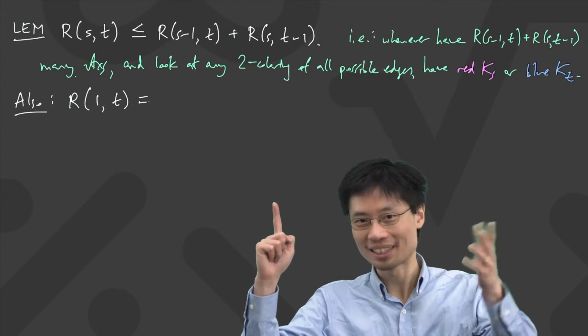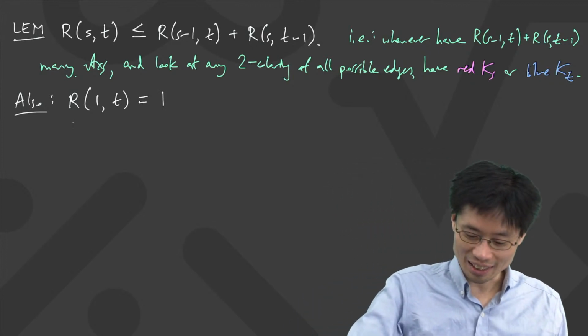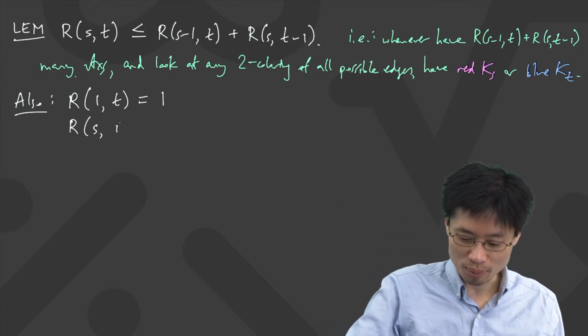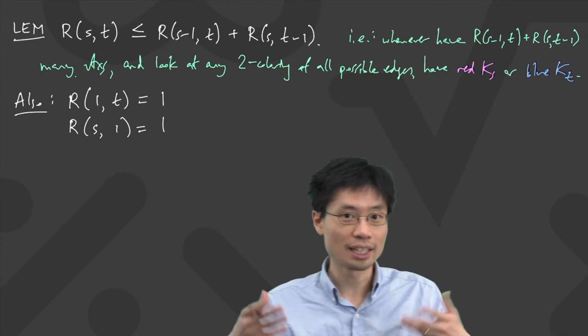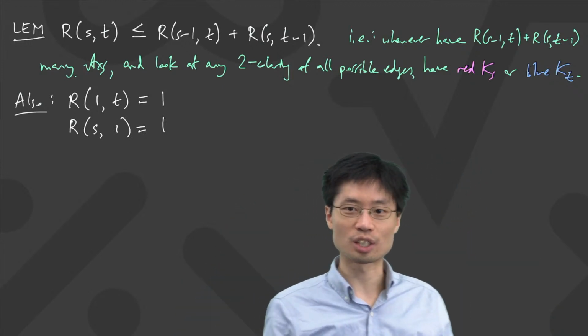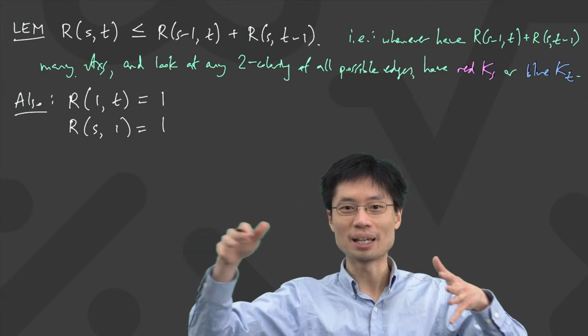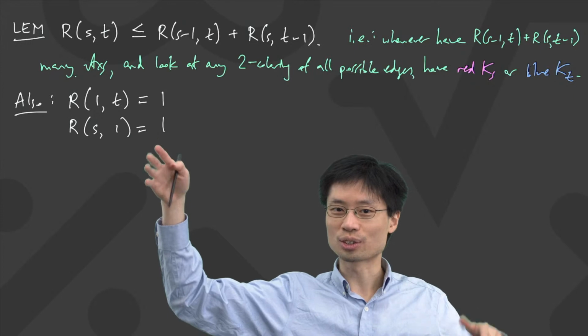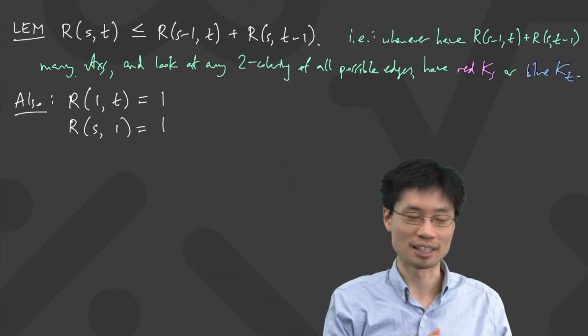You put 1 down, there's your red K_1. That's very satisfying. And what if I had R(S, 1)? Same reason, that's 1 also. If I wanted a red K_S or a blue K_1, one vertex, you've got your blue K_1. So this sets up base cases for you to show by induction that this Ramsey number is always finite, which is satisfying.